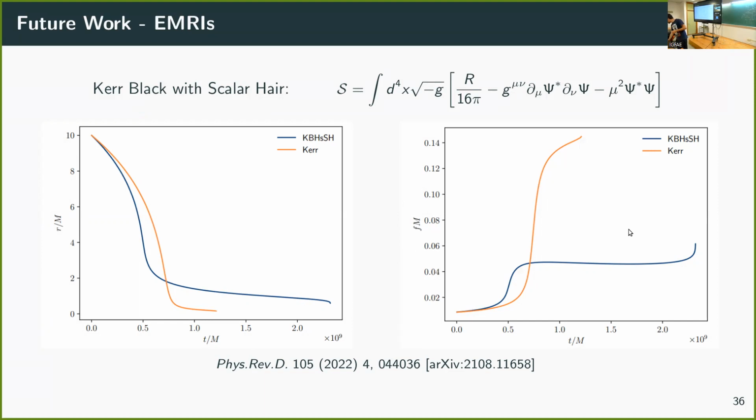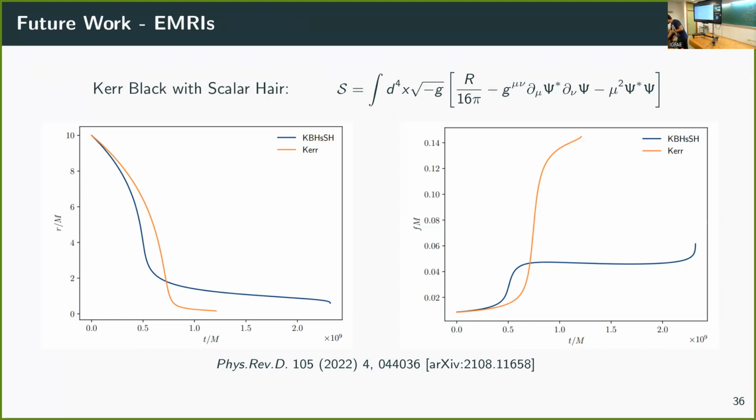But for this hairy solution, it increases in the beginning, then stabilizes at more or less the same frequency during some time slot, and then when you get close to the ISCO you have the chirp again. So these two results are quite different. In ten years or a bit more, when LISA is operational, this would be very easy to detect, and to see if this type of hairy solutions also exist.